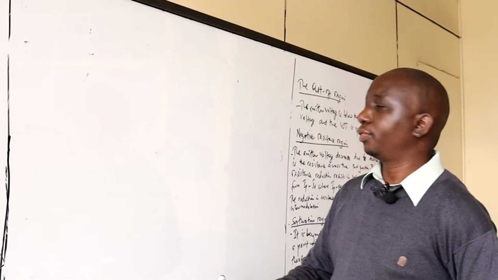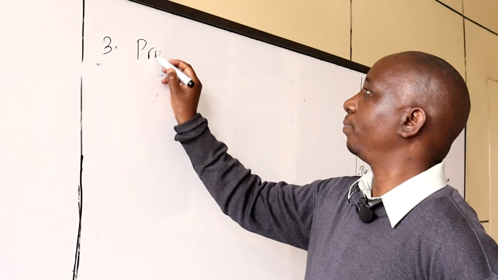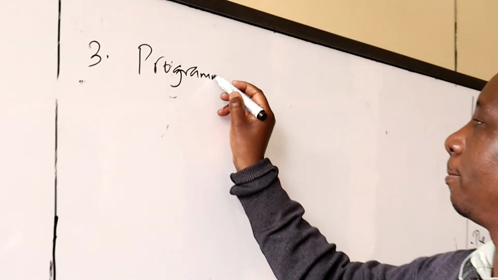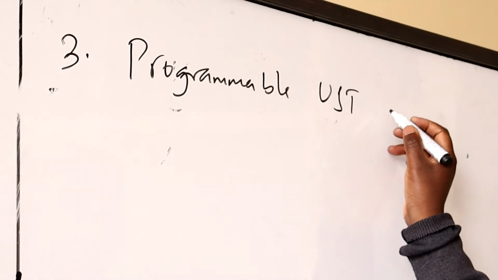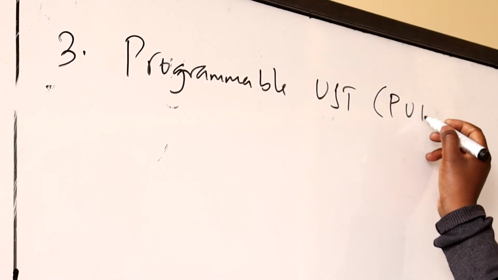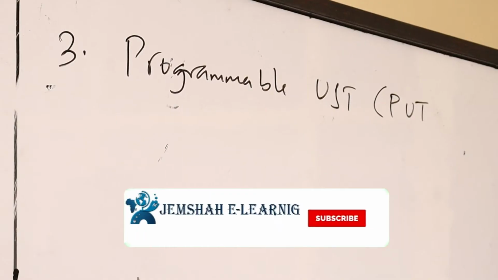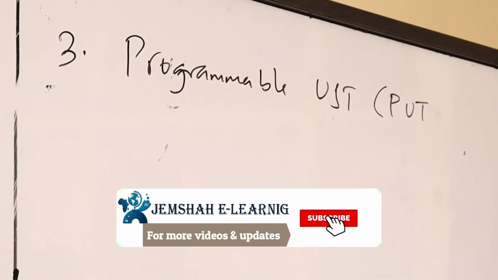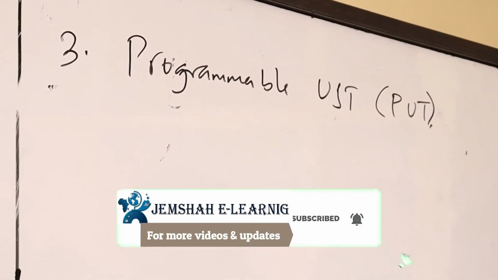So our third special semiconductor device is the programmable UJT, sometimes referred to as PUT, programmable unijunction transistor. You shall also have a sketch of that.